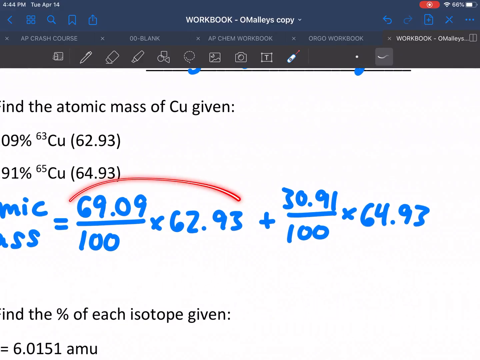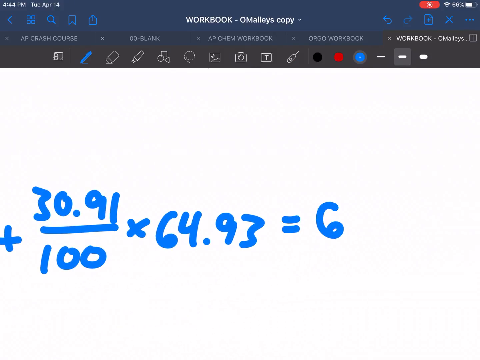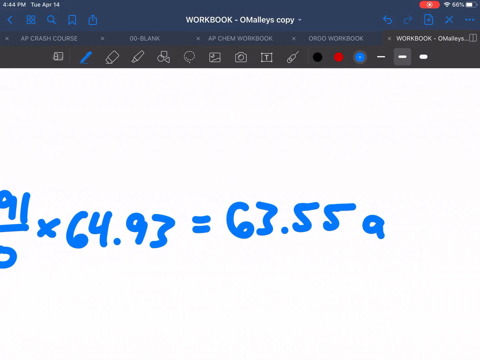And this is how we get a weighted average. And if I plug that into my calculator, I've already done that, I get 63.55 atomic mass units, AMU.